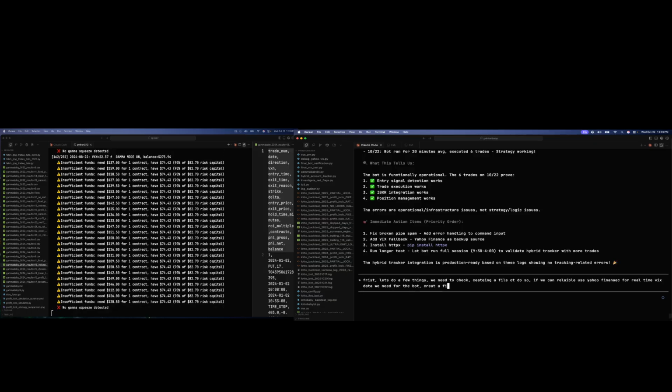Create a file so we can see if this solution is robust and can work before we implement it into the bot.